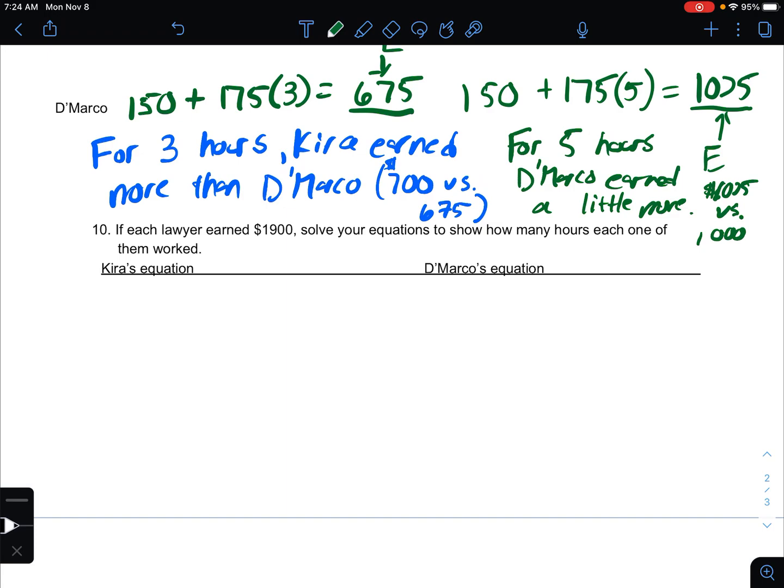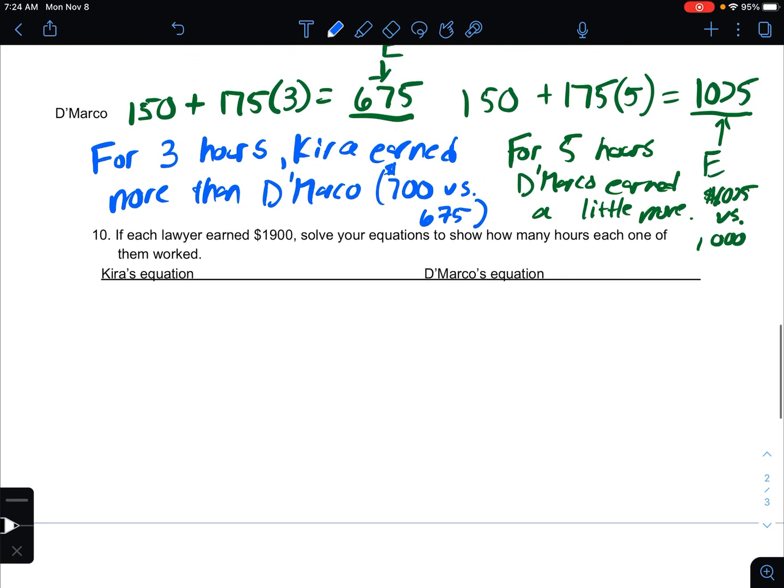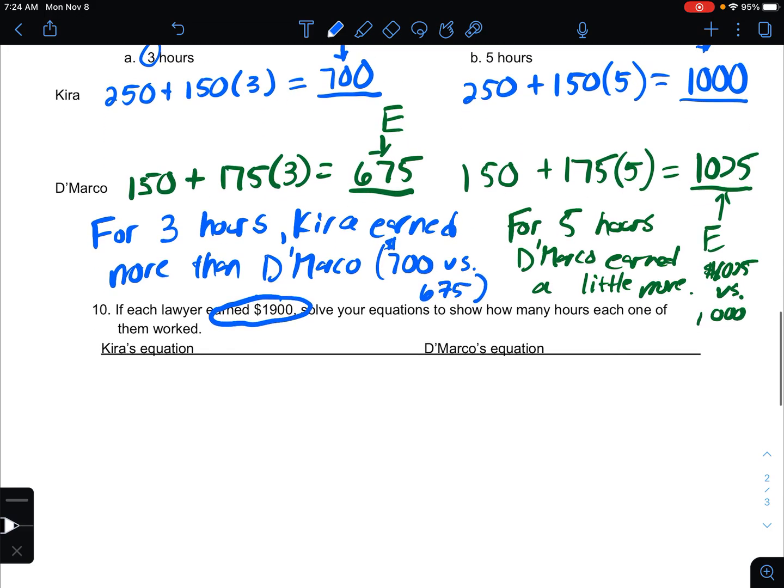All right, and then the final part here is if you know that they earn $1,900, solve the equation to show how many hours each one of them worked. Okay, so this time we know the amount of money earned. So we know that E at the end of the equation. So for Kira, remember her equation was 250 plus 150 times H equals the amount of money earned. But now we know that the amount of money earned is $1,900.